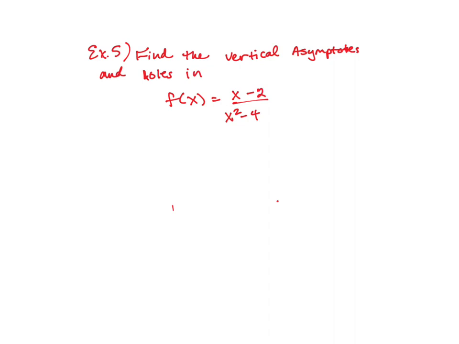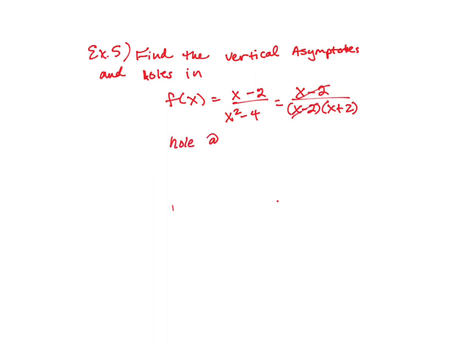So the first thing we want to do is factor the bottom so that we can see clearly what's happening down there. We have x minus 2 divided by, how does it factor? X minus 2 and x plus 2. Now do we have any cancel buddies? Yeah, x minus 2 and x minus 2. So what do I know?